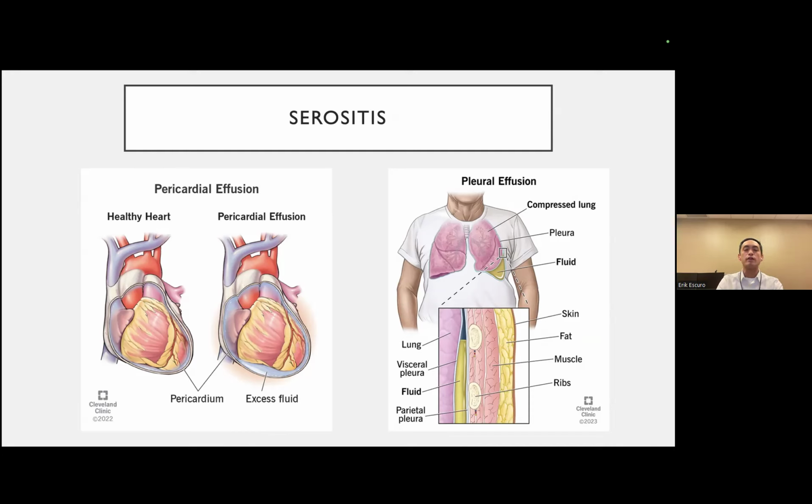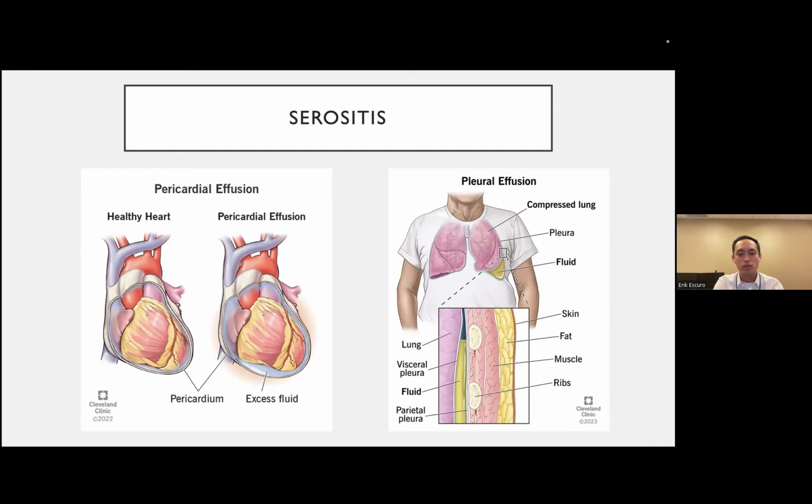So, for instance, if a lupus patient starts to get serositis, or inflammation of the sacs around the heart and the lungs, especially in the right population, like a young female patient, lupus tends to become upped in the differential. So, the example on the left is the excess fluid that's present around the heart within the pericardial sac.